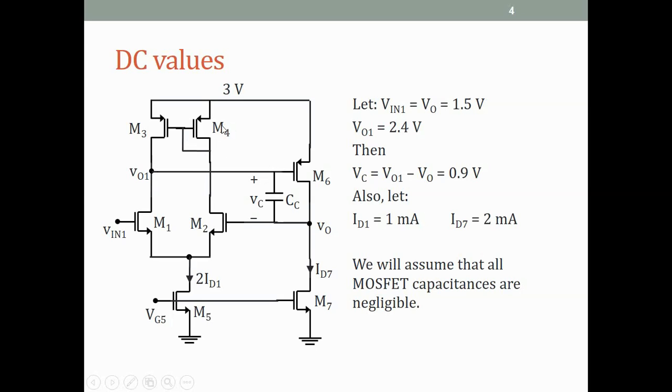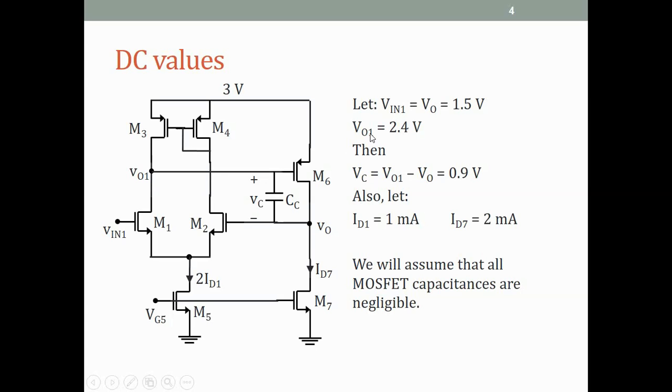M4 has a VGS of 0.6, then this node will be at 2.4, so we'll say this is also at 2.4. Actually we'll assume that there is some common mode feedback provided so that the DC value of VO1 stays at 2.4 irrespective of the input, which is a reasonable assumption.